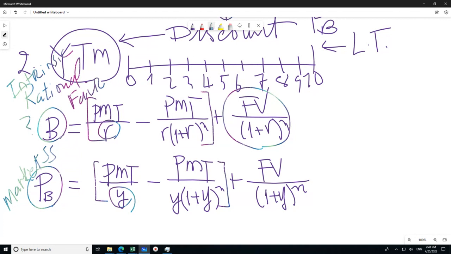This B is the unknown, right? In the first equation, B is the unknown. In the second equation, P sub B is not the unknown. It's the market price. So this is the price that you just look up, right? You look up Yahoo Finance, the news media, financial news. You can find the market data there.